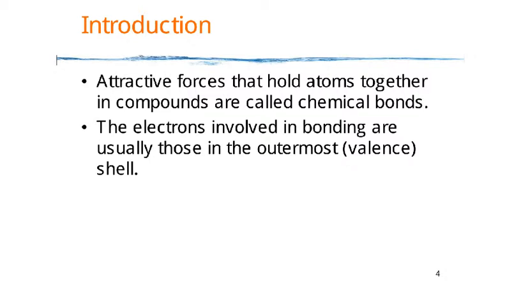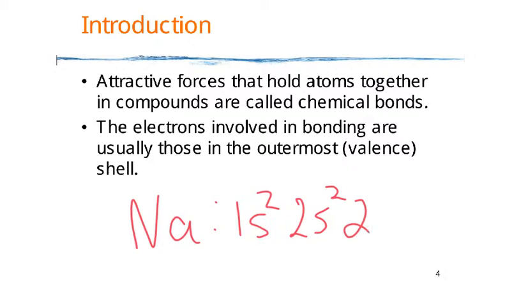And the electrons that are involved in this bonding are usually those that are in the valence shell only. So if you look on your periodic table, let's just take sodium for example. If you look at the electron configuration for sodium, you'll find that it's 1s2, 2s2, 2p6, 3s1.